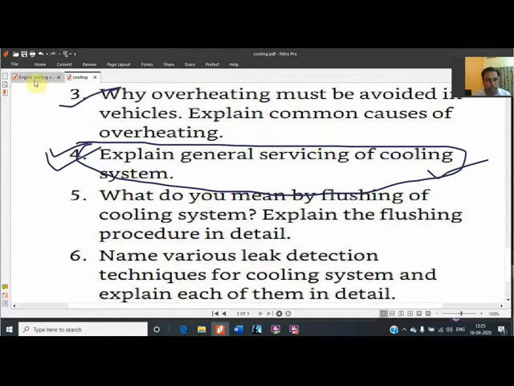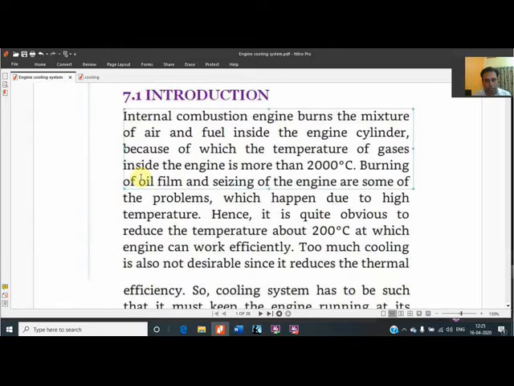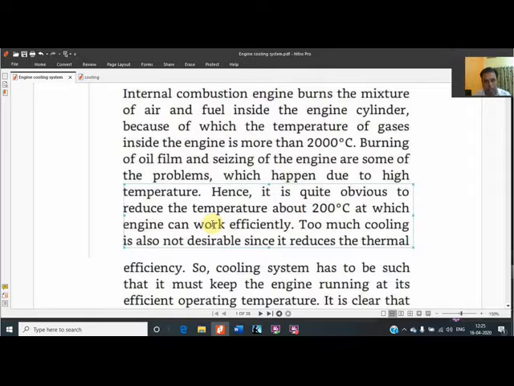Now we will start with the cooling system, what the cooling system is and what the need of the cooling system is. We know that in the engine the temperature is more than 2000 degrees centigrade when the fuel undergoes combustion, and due to this high temperature it is obvious that the gaskets, the coolants and other fluids can get destroyed, because for proper working of the engine, the oil film and piston rings all have their particular efficiency at a particular temperature.